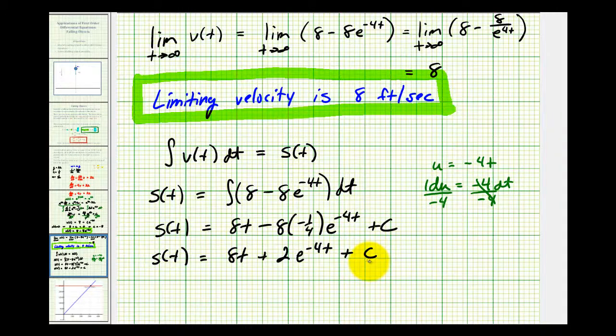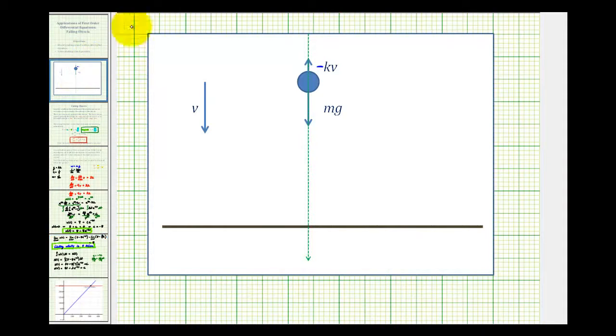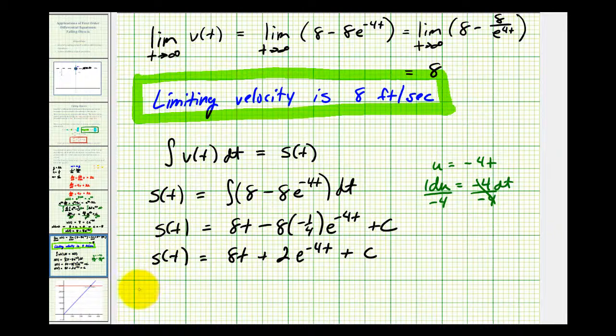Now before we find the constant of integration, let's go back to our diagram just for a moment. We know this is 2,500 feet above the ground. We're actually going to let this height here be 0 and let the ground be 2,500 feet. So the object starts here, and then when it hits the ground, it will travel 2,500 feet. So we'll let s of 0 equals 0.